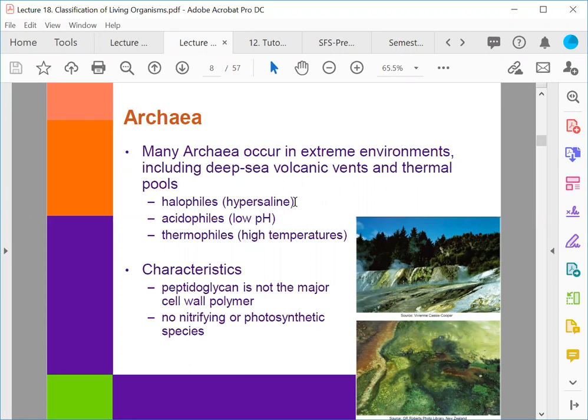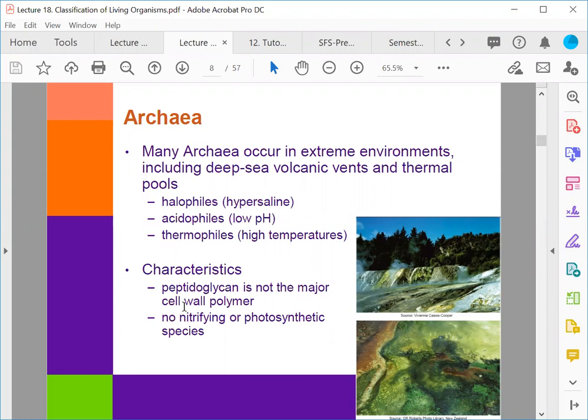Because they can inhabit these extreme environments, they're grouped according to the particular environment that they're able to inhabit. Those that can inhabit hypersaline environments are called halophiles. Those that inhabit very low pH, even down to nearly pH 0 environments, are called acidophiles, and those that can inhabit high temperature environments are called thermophiles.